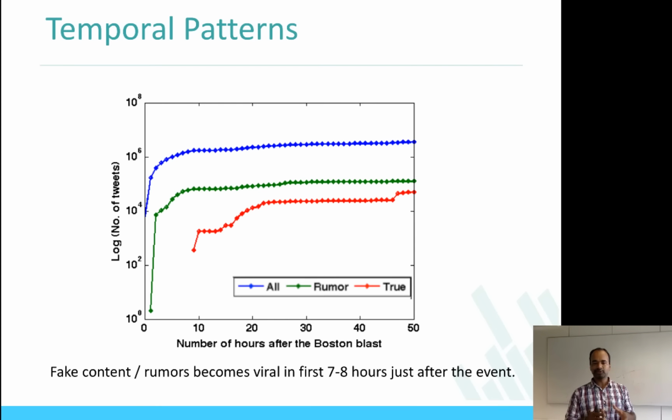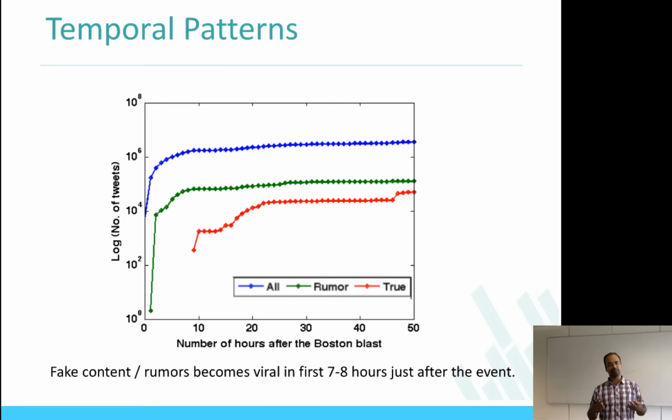It clearly shows some implications. One, the true information is coming later, taking much more time than the rumors that started. In this event, the Boston blast, there were multiple posts related to it which were not legitimate.